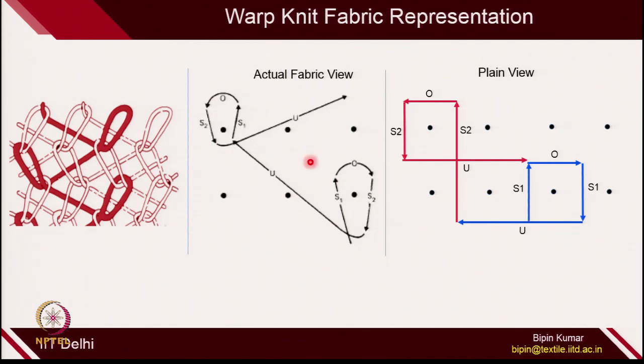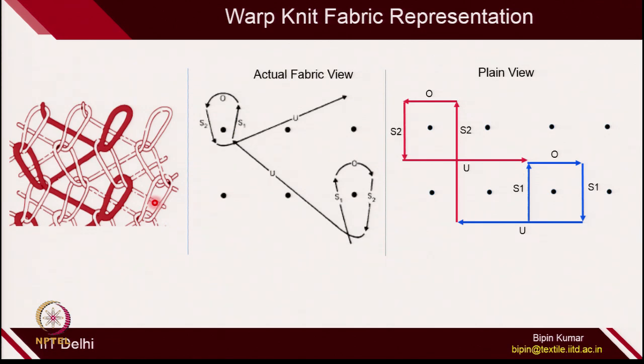So, this is the actual fabric view where the loops have been created by one individual needle. Here is the first loop and this is the second loop, and the whole fabric is actually repeating after 2 courses, which you can see here. In the first course the loops are tilted towards the right side, and in the second course the loops are tilted towards the left side, and the third course and first course repeat in terms of loop architecture.